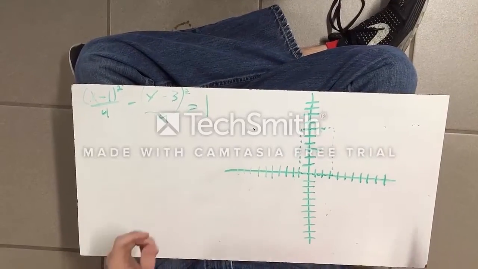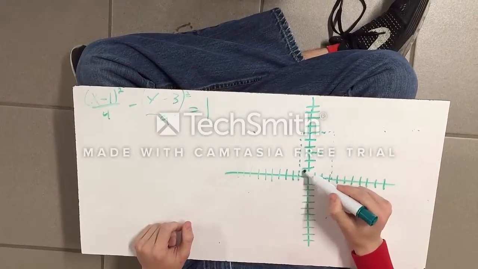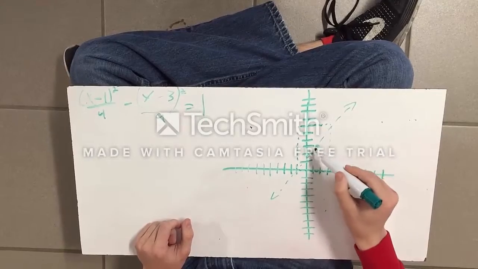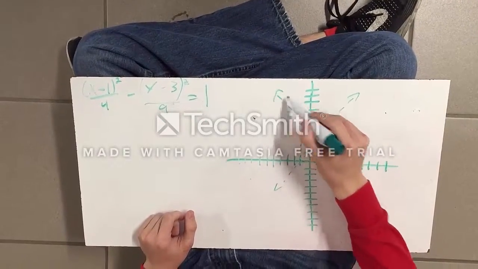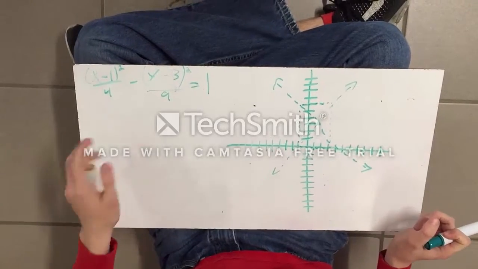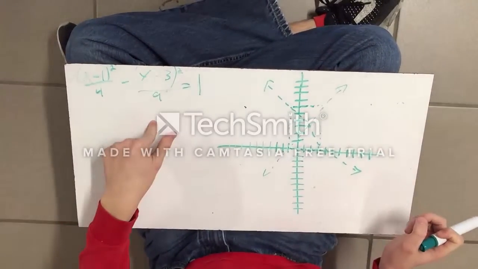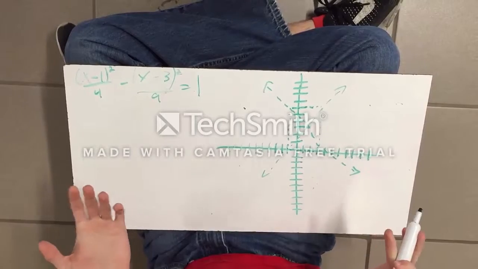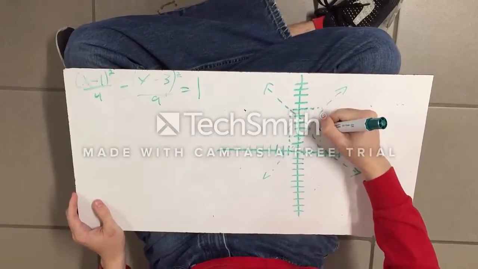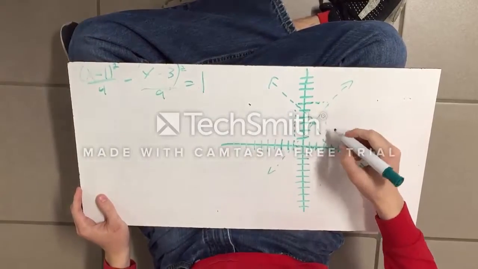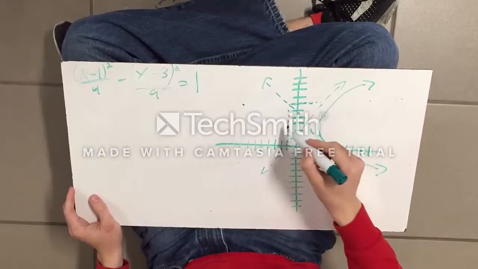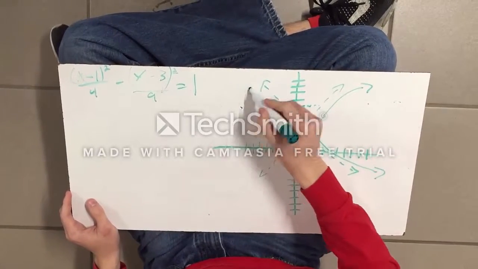Now we can draw our asymptotes. Since the x is positive and the y is negative, that means that we'll be going left and right. We go from this point towards the asymptotes, and this point towards the asymptotes.